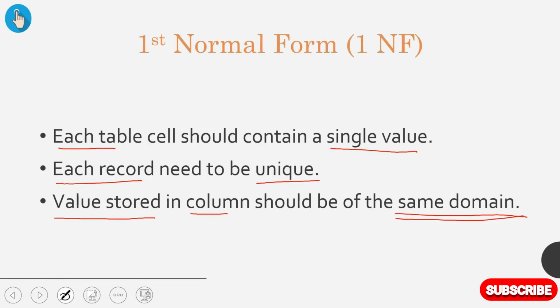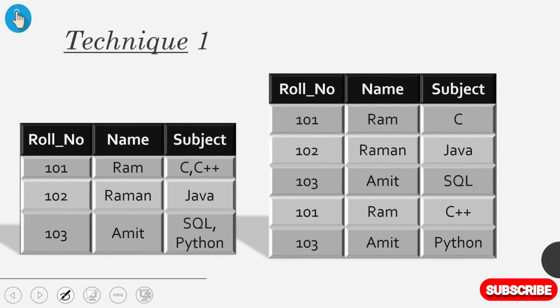So how to fix it? There are three techniques, and we will see the first technique. Suppose this was the table we created, but it is not allowed as it is not in the first normal form. So we will create the same table with the columns roll number, name and subject. The row which has the subjects C and C++, we will split and convert into two rows.